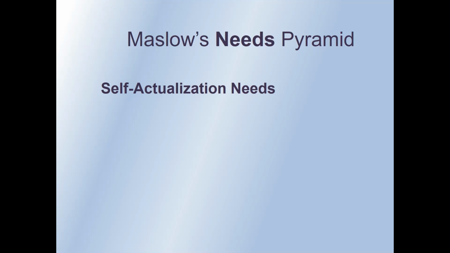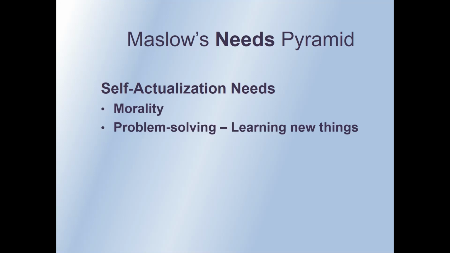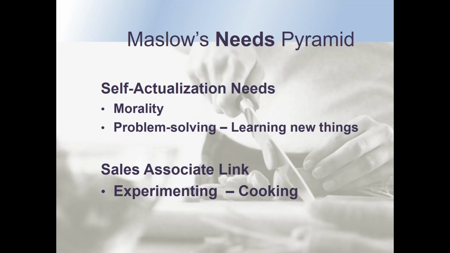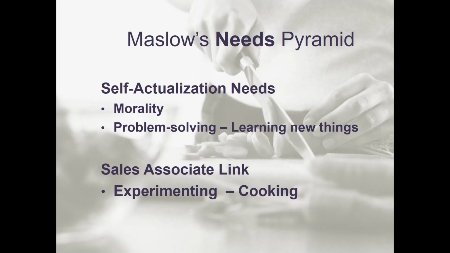The last one would be self-actualization. Self-actualization needs include morality, problem solving, learning new things. So on the sales link here, we would say maybe experimenting in cooking would be a self-actualization need.